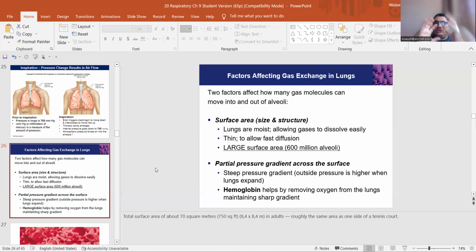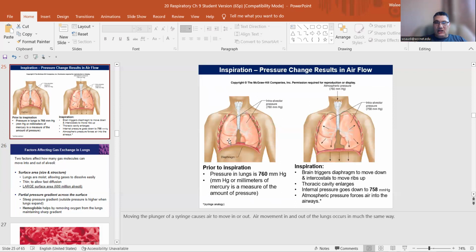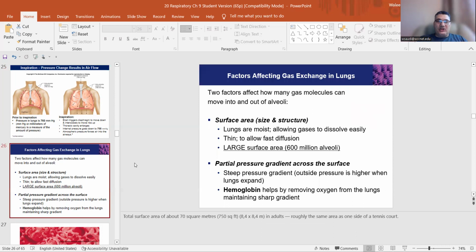It's just crowded together. If I ask you to look at this, what do you think about the surface area of these alveoli? You will say it's something like a ball, or maybe a chair, at maximum. No, it's a lot bigger than that. It's just because it's folded, folded, folded, so I give you that false impression.